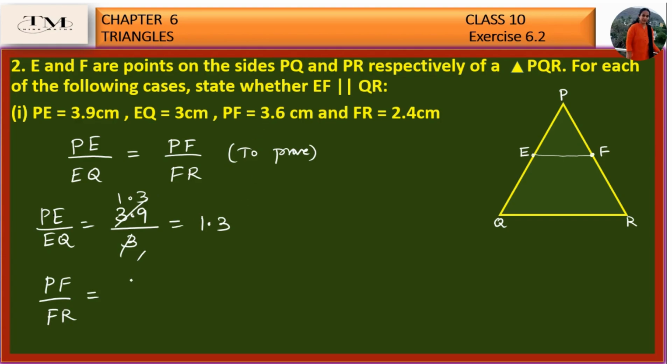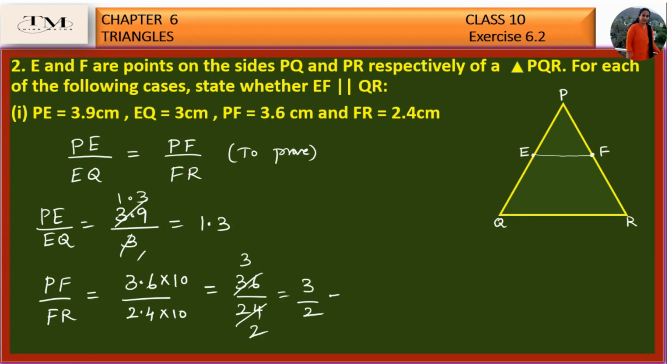What is PF by FR? PF is 3.6, FR is 2.4. So we have to multiply by 10 on numerator and denominator. We will get 36 by 24. In the 12 table, 2 12s are 24, 3 12s are 36. That is 3 divided by 2, which is 1.5.